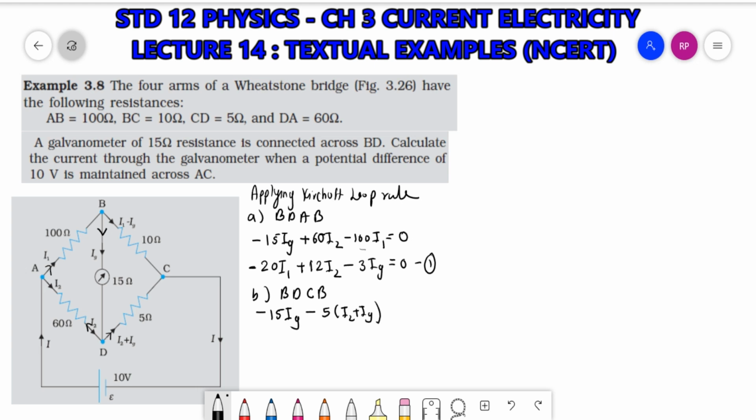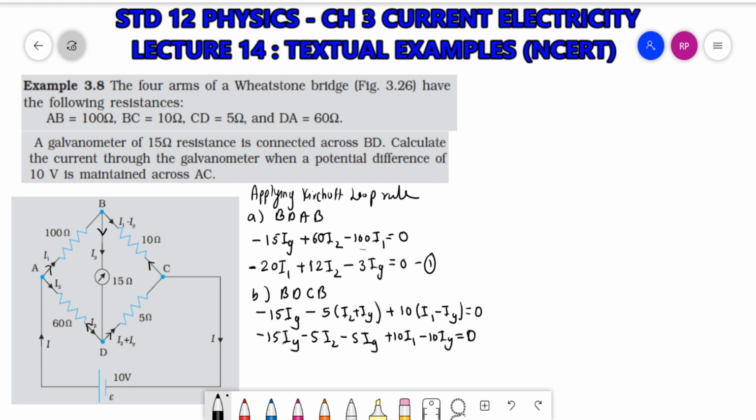Moving from C to B, the journey is opposite, so plus IR, R is 10 and I is I1 minus IG, that is equal to 0. So minus 15 IG minus 5 I2 minus 5 IG plus 10 I1 minus 10 IG equal to 0.